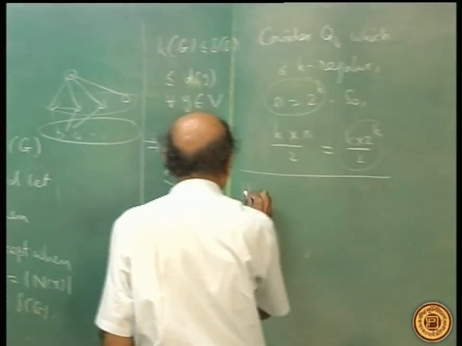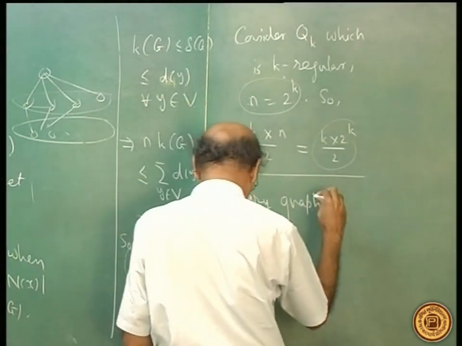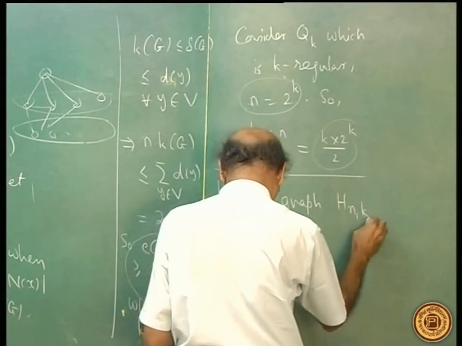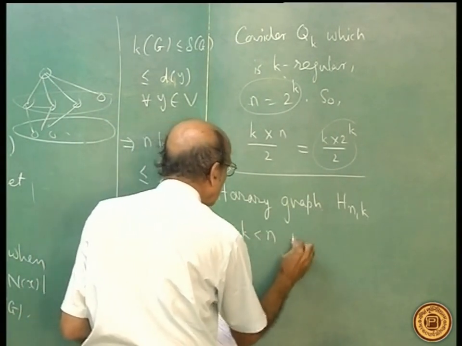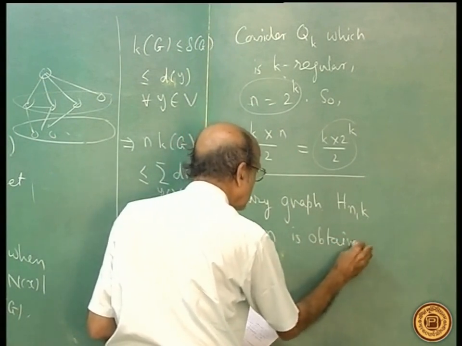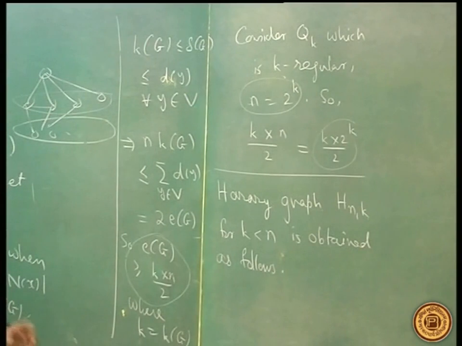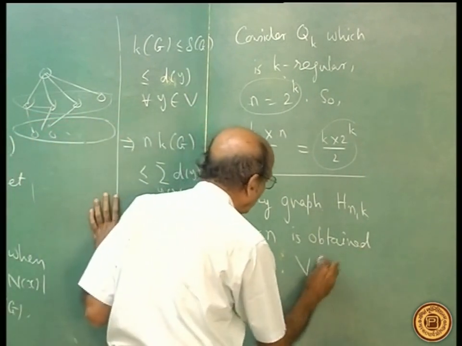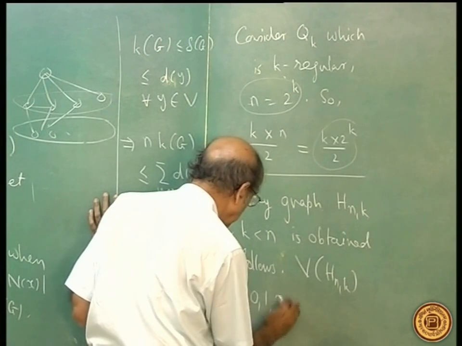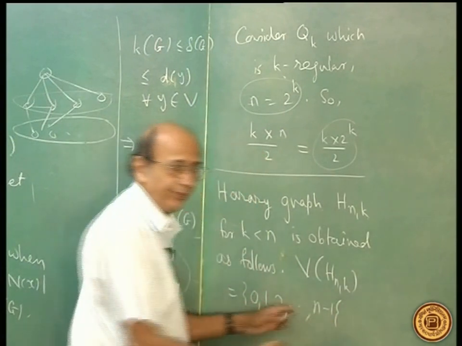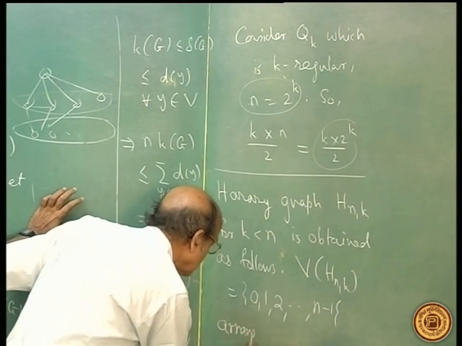And this is the idea behind the construction of what are called the Harary graphs. The vertex set of the Harary graph is arranged on a circle.